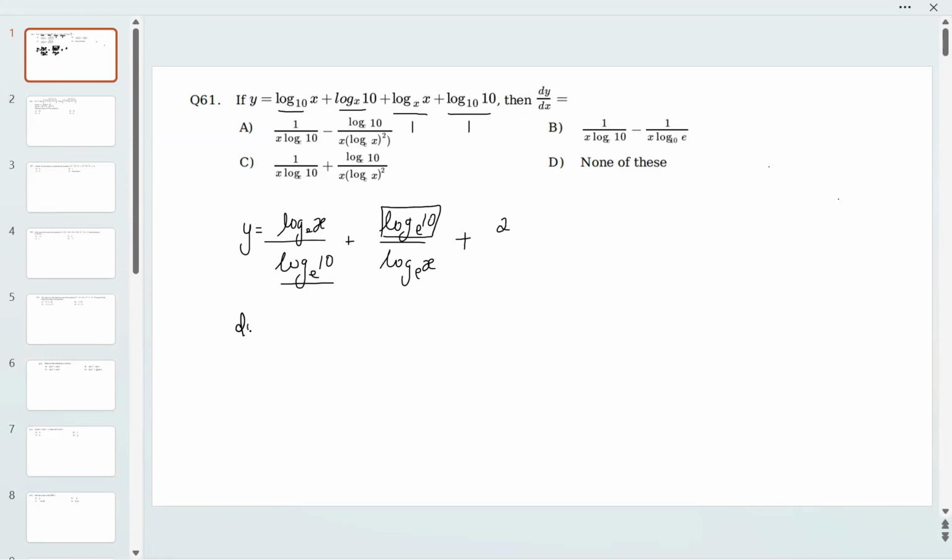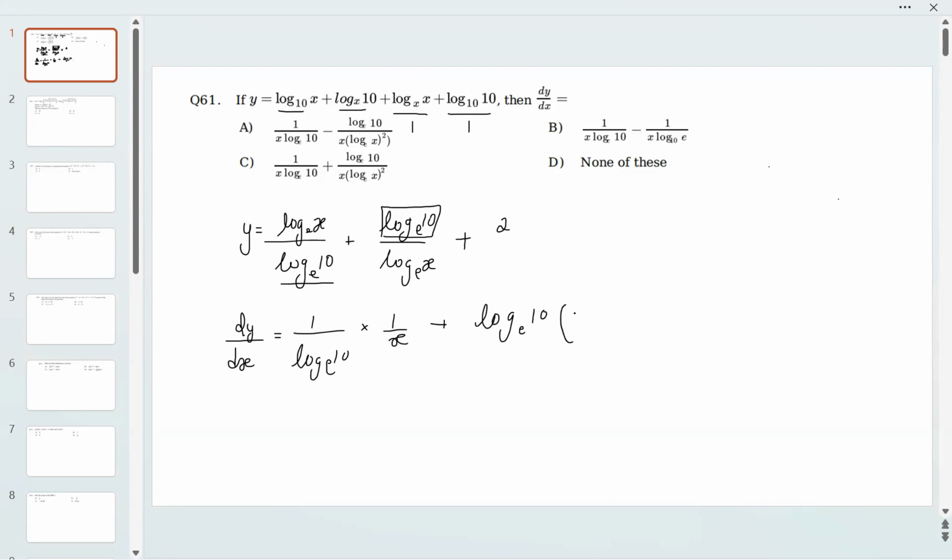So, dy by dx will be equal to, this constant term will be, log of 10 to the base e. Derivative of log x, 1 upon x, plus same here, log of 10 to the base e will be outside. Here we'll use chain rule.